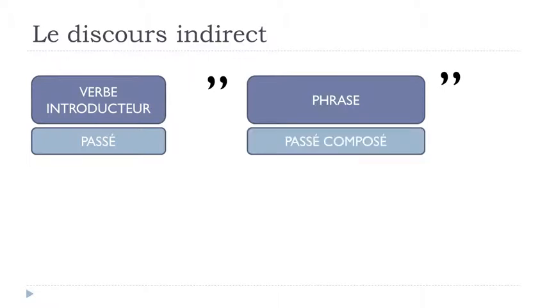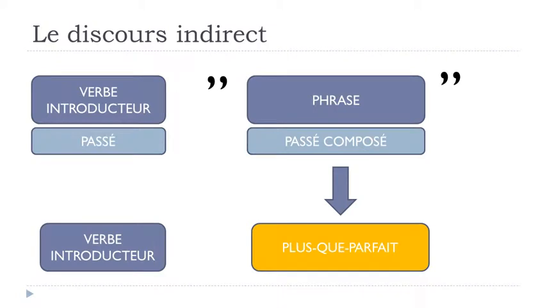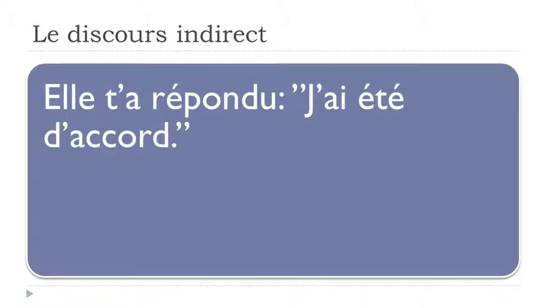Okay? So let's see now how we do if we've got, still the same thing, the passé, and in the second part the passé composé. Of course, the first part will stay the same, but this passé composé form will become plus-que-parfait. Let's have a look. Elle t'a répondu, j'ai été d'accord, okay?